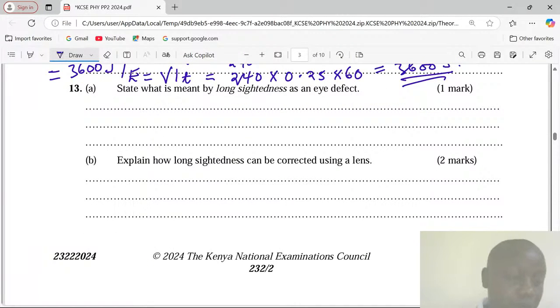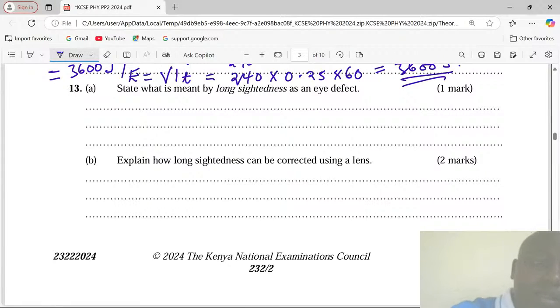Number 13, as we wind up with section 1, we are told to state what is meant by long-sightedness as an eye defect. We know that the main eye defects are only two: long-sightedness and short-sightedness.